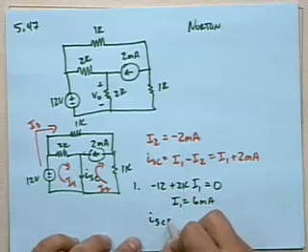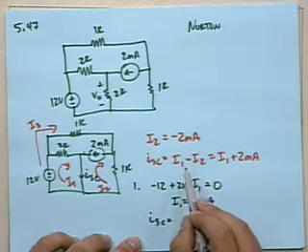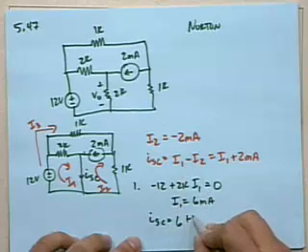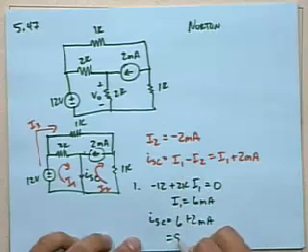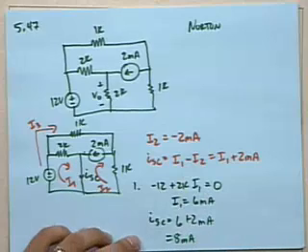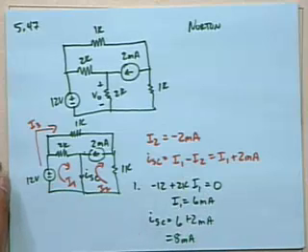The short circuit current then would be I1, which is 6 milliamps, plus 2 milliamps, should give us 8 mils. So that's what it would be with that one.